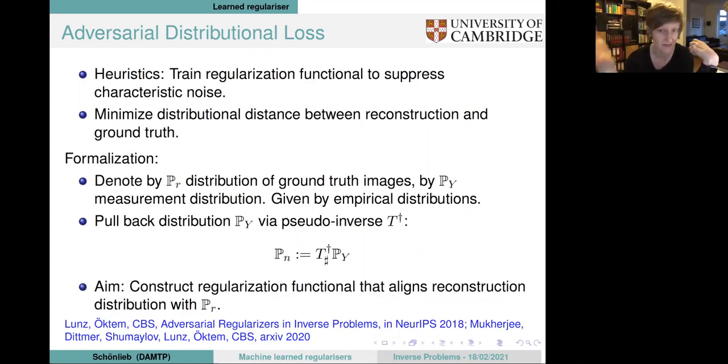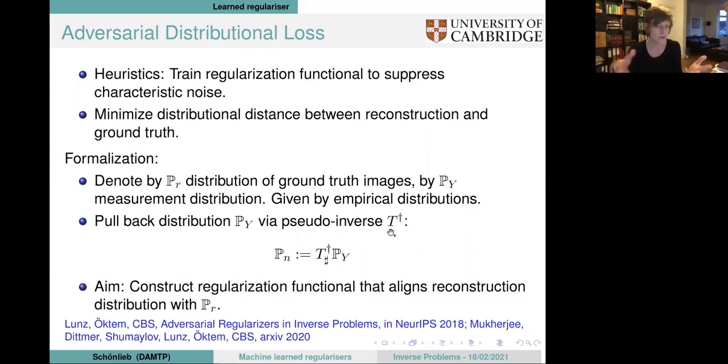Because the pseudo inverse, for instance with computed tomography, would be the filtered back projection, which shows you not just the noise that you have in the data, but it also typically shows you the intrinsic artifacts that the forward operator encodes. So the intrinsic artifacts that come from the ill-posedness of your problem, like in filtered back projection, you see these streak artifacts and things like that. Okay, so this is why we chose it.